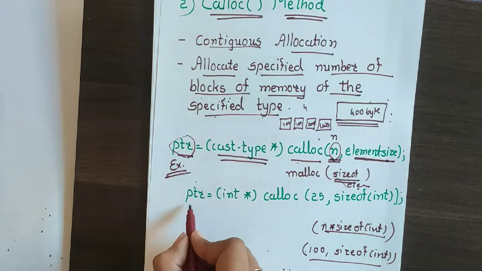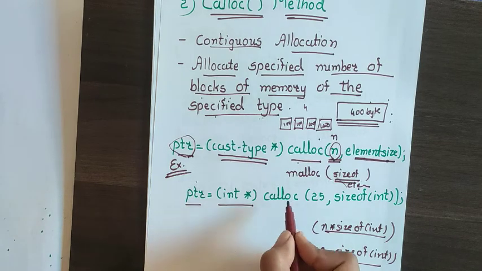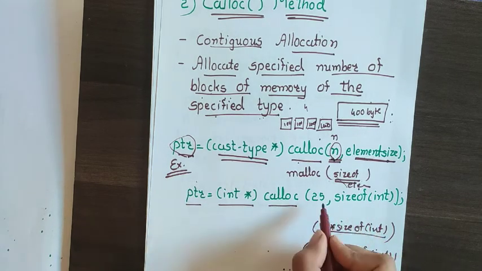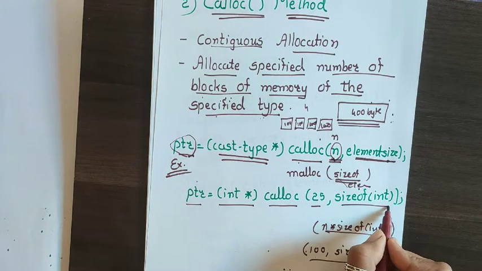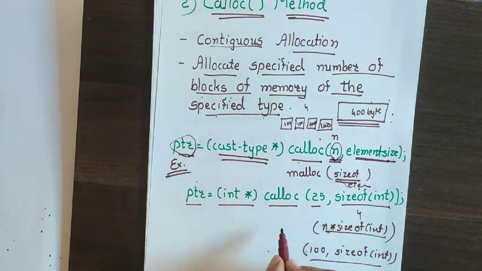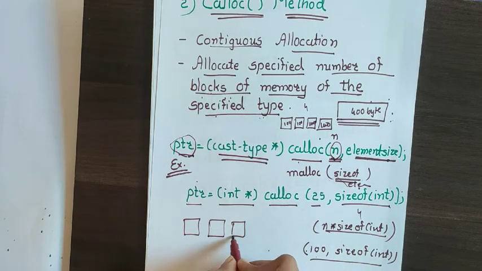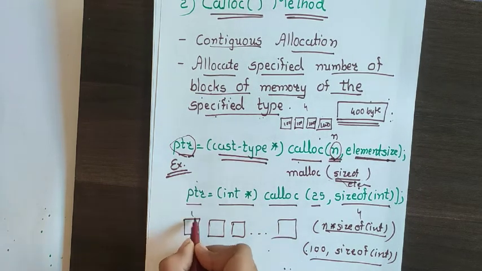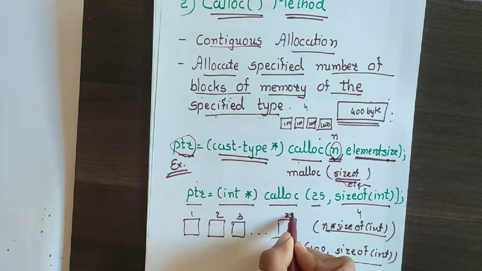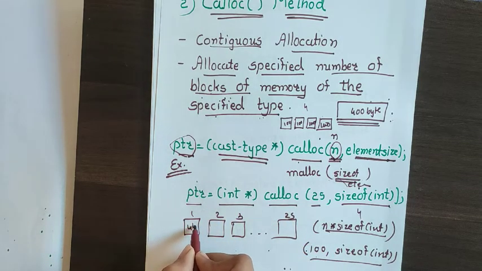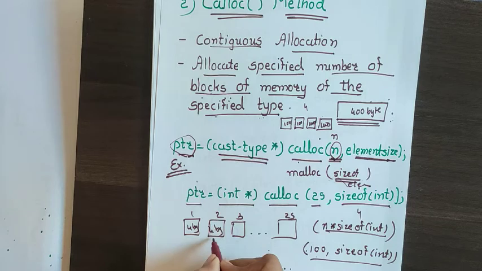So I write ptr equals integer star calloc. Here is another example: 25 comma sizeof integer, which is 4, so it will provide 25 blocks: first block, second block, third block, up to 25 blocks of 4 bytes of data.